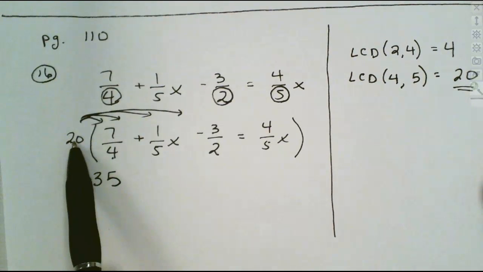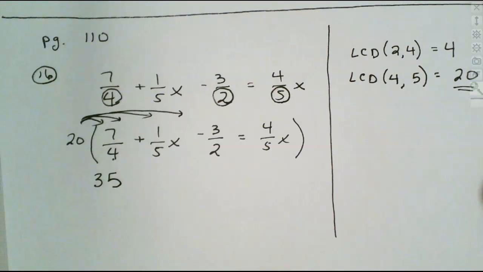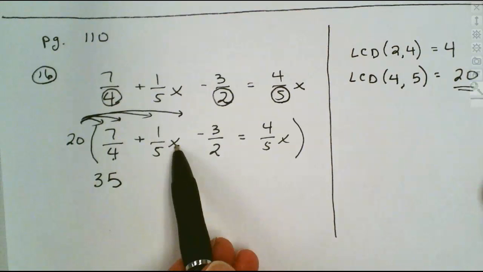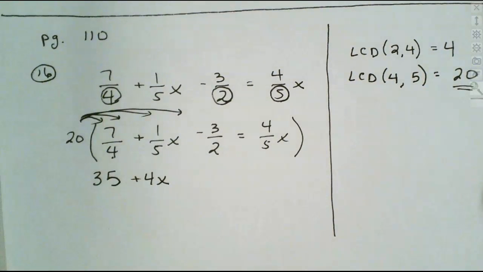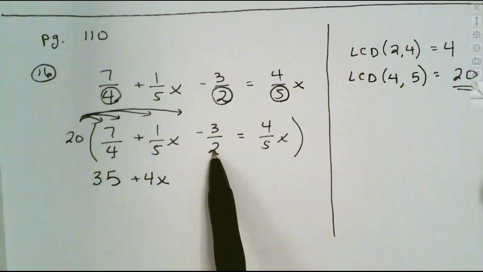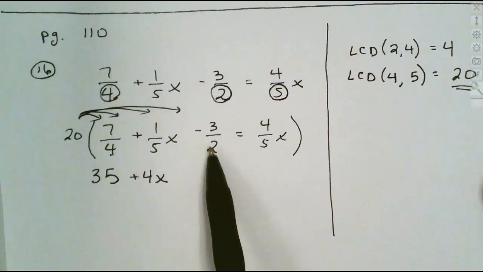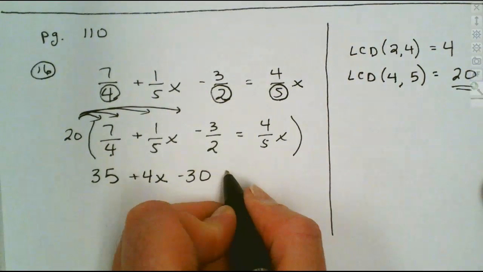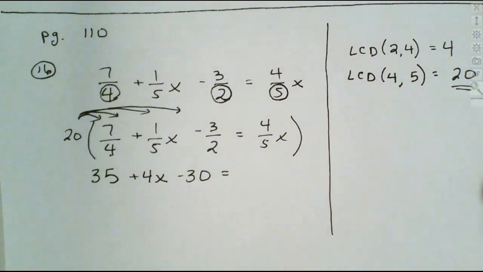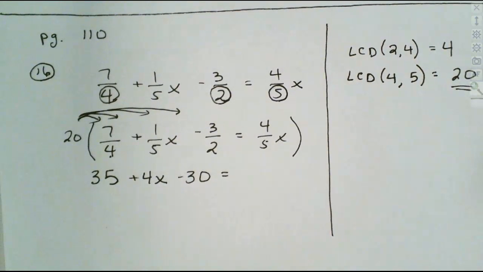The next one, 20 divided by 5, that's a 4. 4 times 1x makes it a 4x there. Next, 20 divided by 2, that's a 10. And 10 times a negative 3, well, that makes it a negative 30. Just remember, divide, multiply. Divide, multiply.